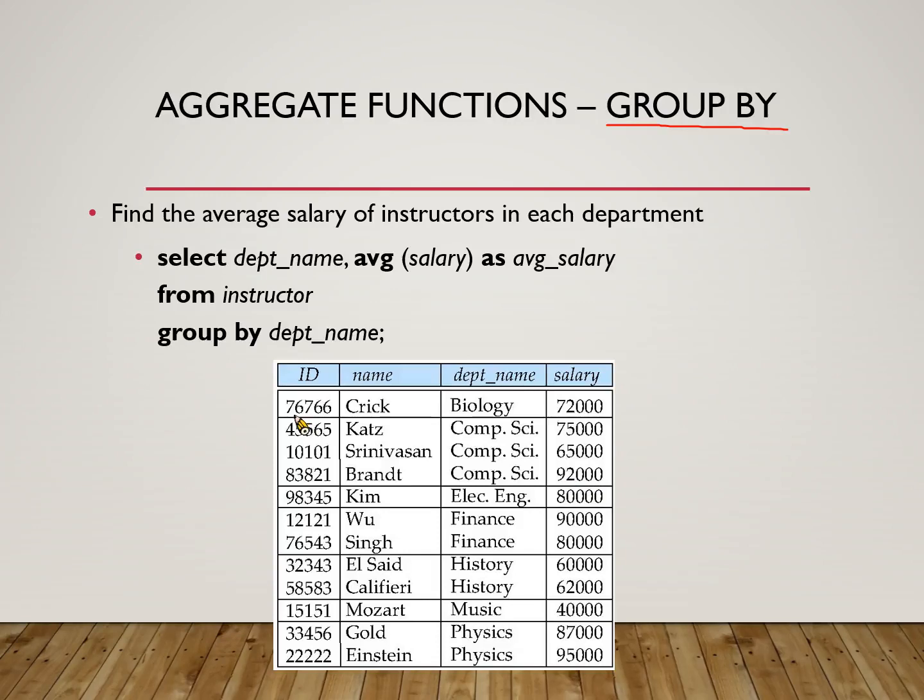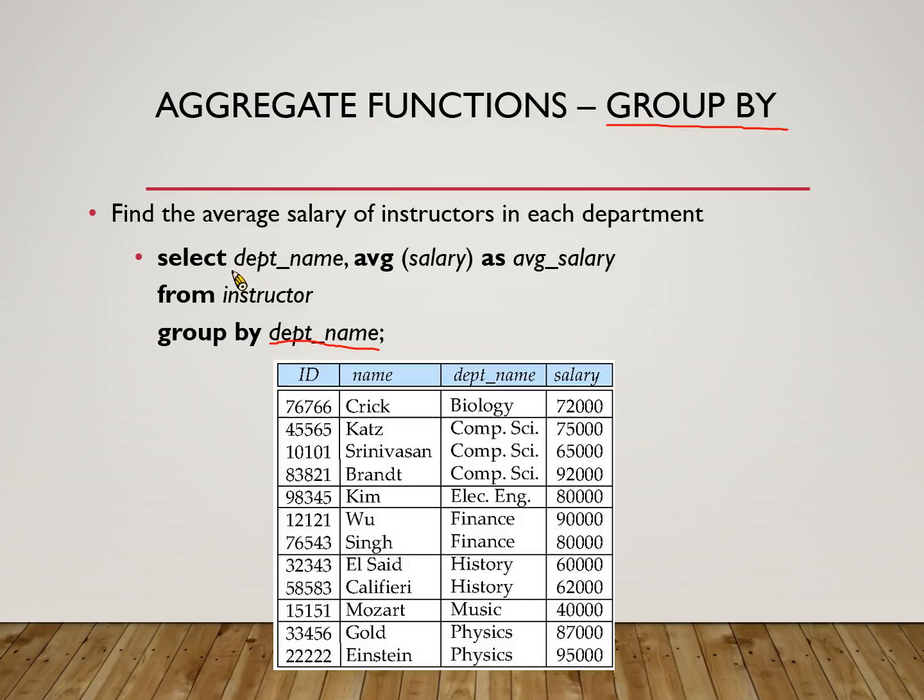And with SQL, how can we express the purpose of grouping? Here we can specify the attribute name followed by the keywords group by, which indicates the whole data will be grouped by the department name.